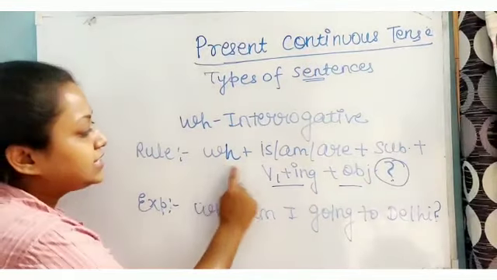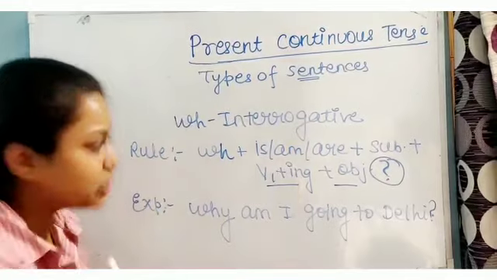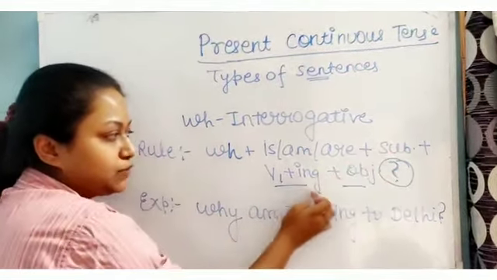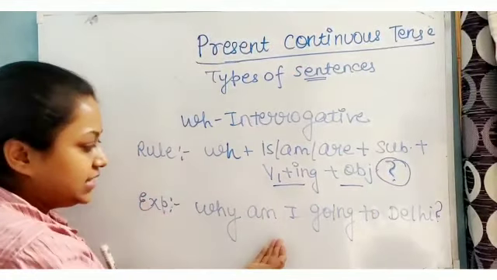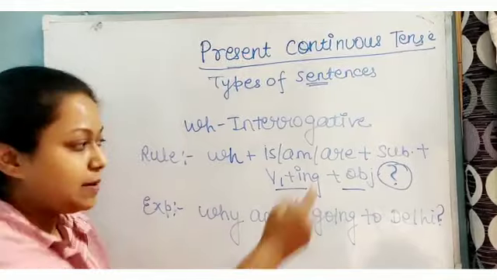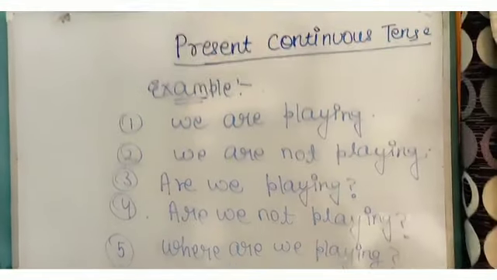So we add these WH family word in the beginning. Then we are definitely asking question. So we have to insert helping verb before the subject. Then subject, first form with ing and object. See the example. मैं दिल्ली क्यों जा रही हूँ? Why am I going to Delhi? Must add question mark.